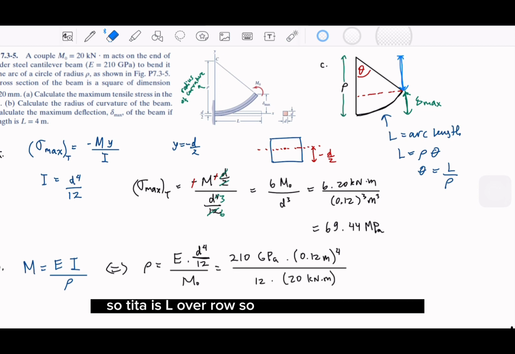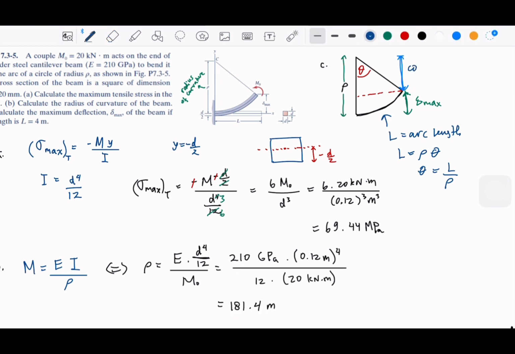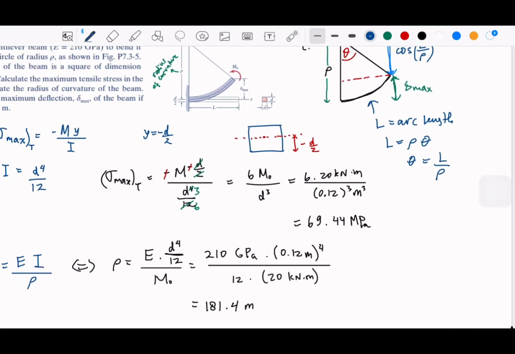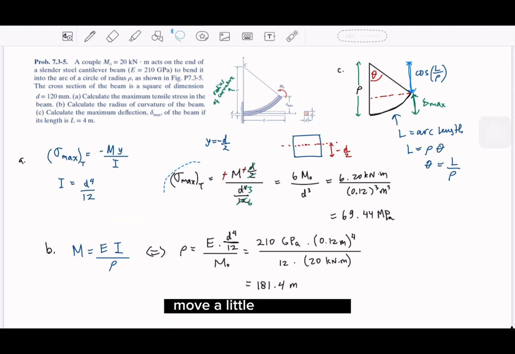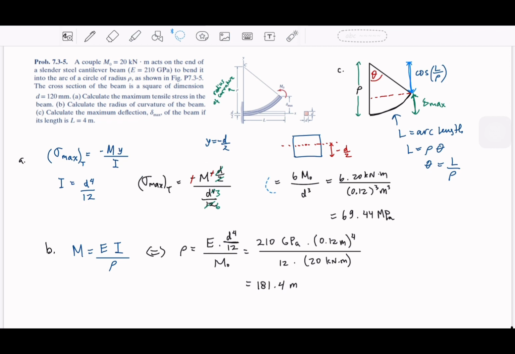So this part here is cosine L over rho, right? So basically, the delta max.